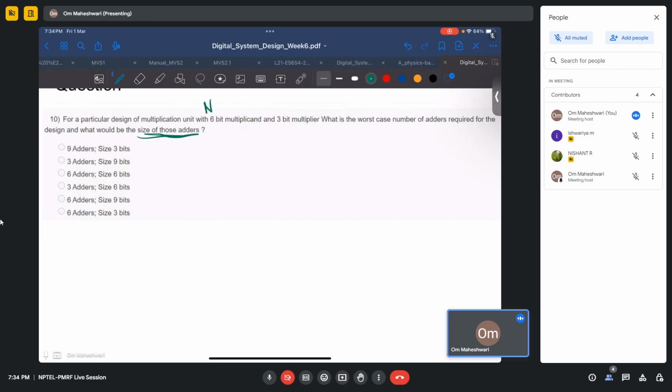This is N, this is M. What is this? 6 plus 3, yes, this is 9. This is N plus M. And the number of adders is M. So you need 3 adders with 9 bits size. So the answer is this option.